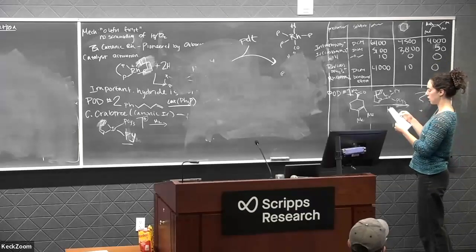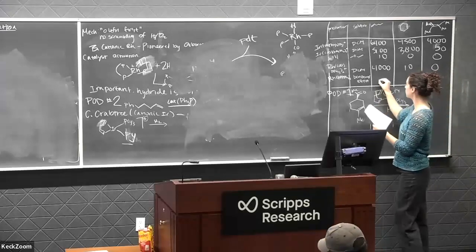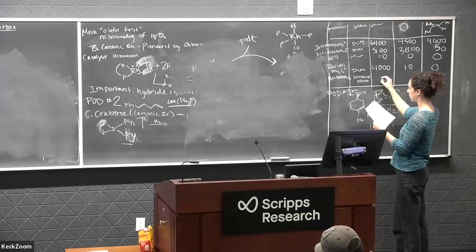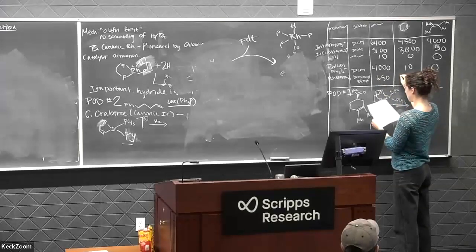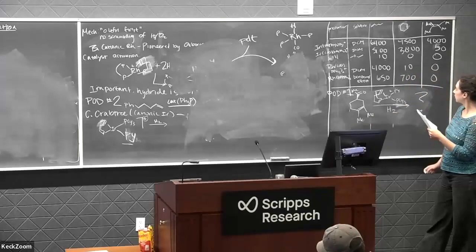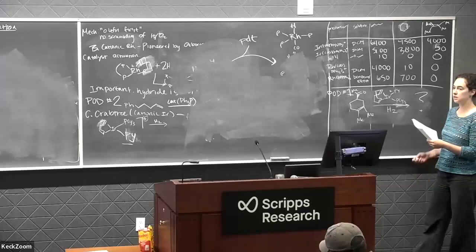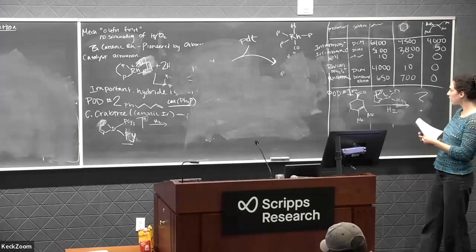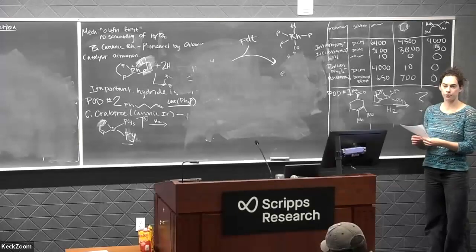And then for Wilkinson's catalyst at 25 degrees in benzene and ether, it's giving 650 turnovers here and 700 turnovers here and 0 here. Okay, so I think that demonstrates pretty well the selectivities and properties of these catalysts that we've discussed so far. And so now going to problem of the day number 1 from the worksheet.